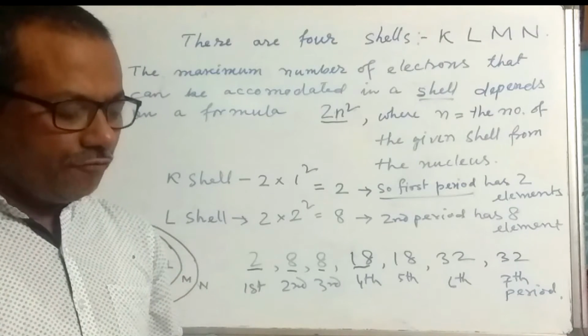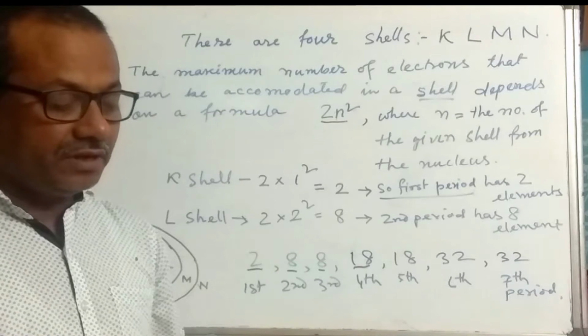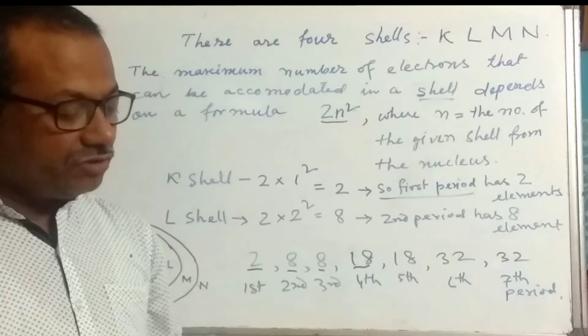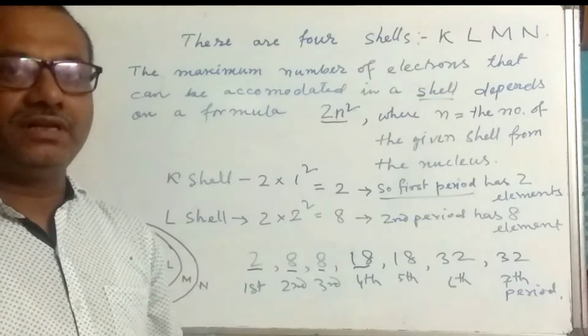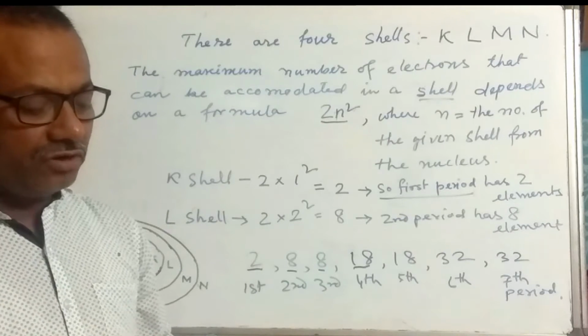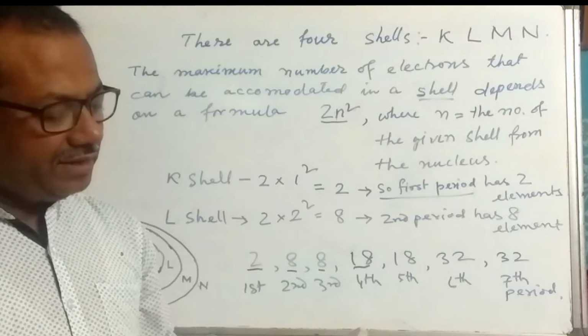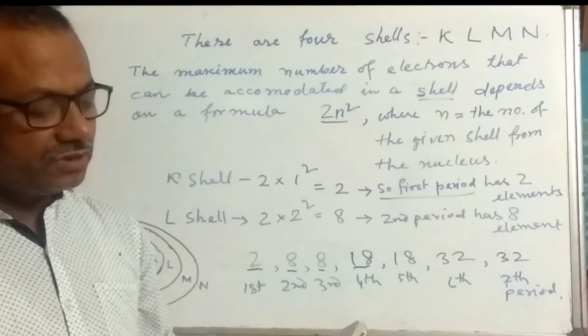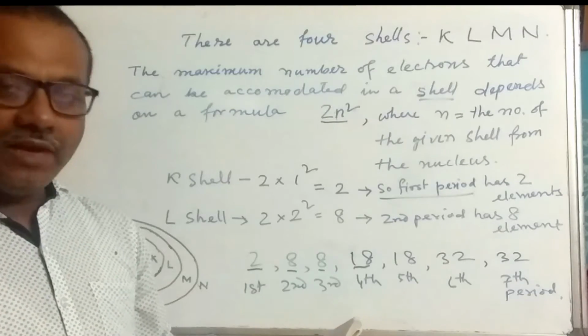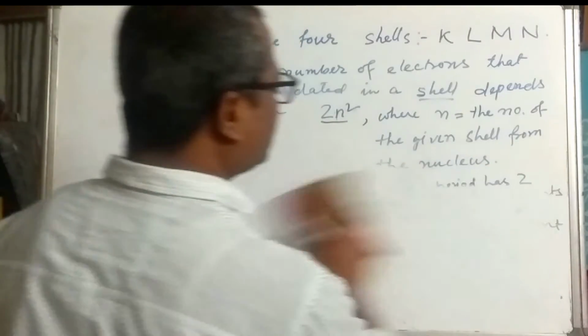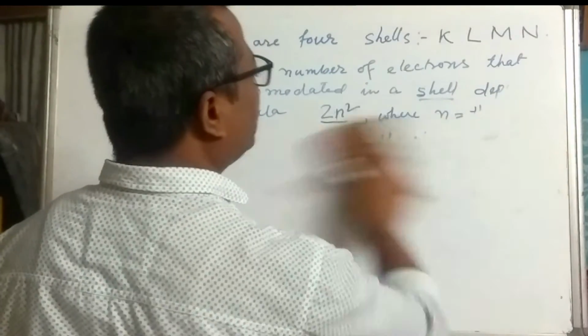The position of an element in the periodic table tells us about its chemical reactivity. The valence electrons determine the kind and number of bonds formed by an element. I will discuss the sentence.